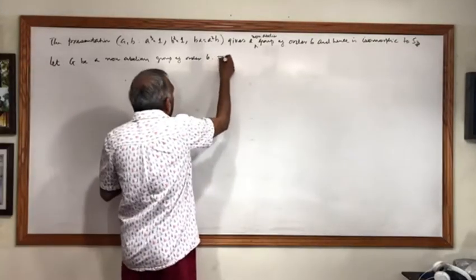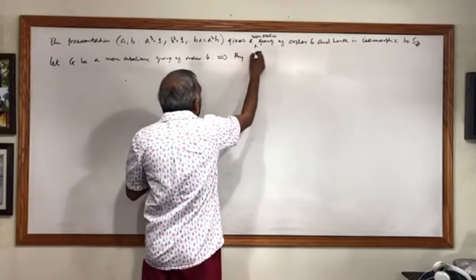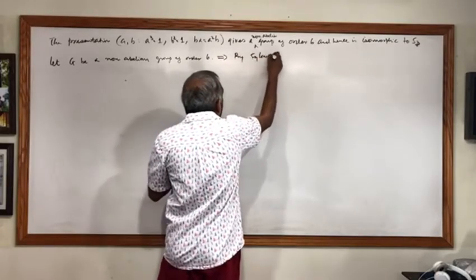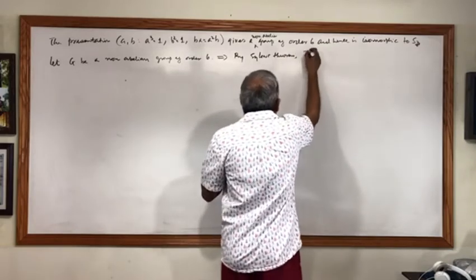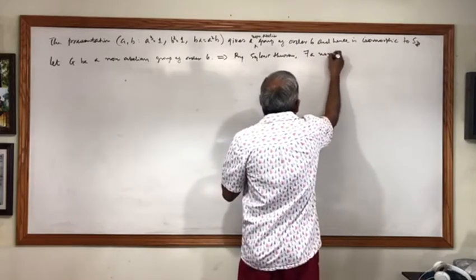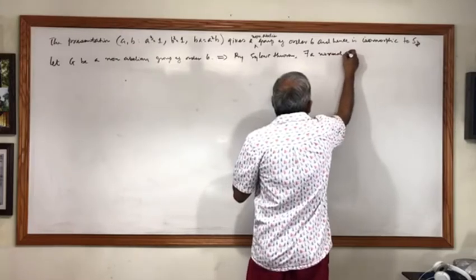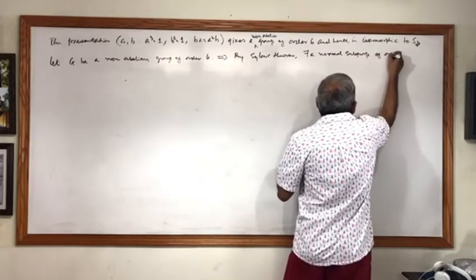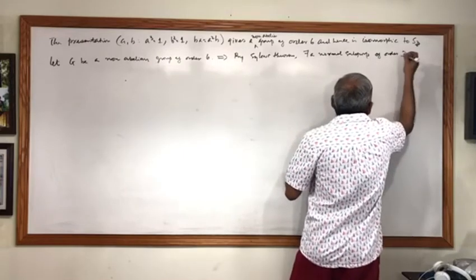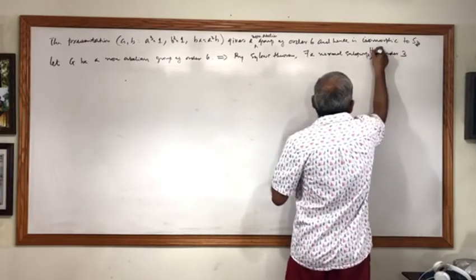Then this implies by Sylow's theorem there exists a normal subgroup of order 3. Let us say H.